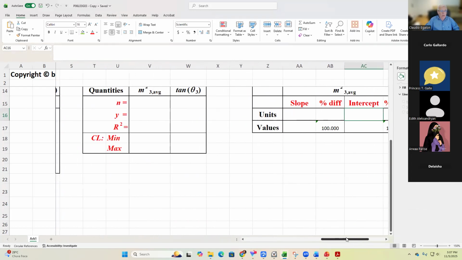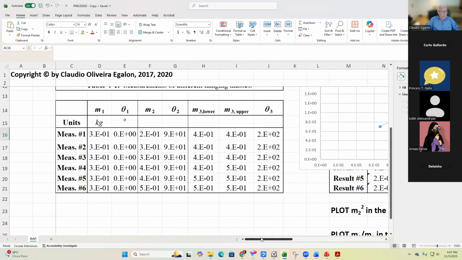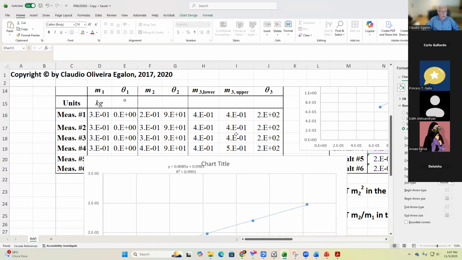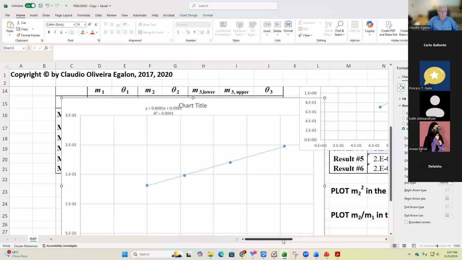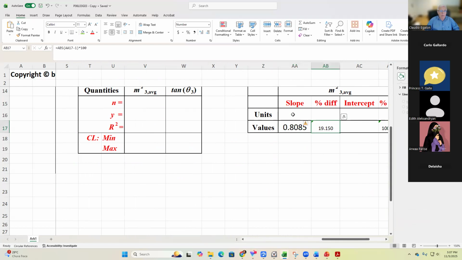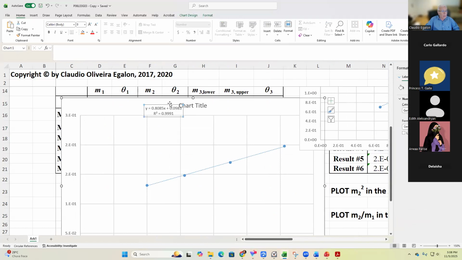Okay, so let's see, I'm going to log my slope. The slope for the first chart is 0.8085. And then I have to put the unit here. I'm getting, like I said, 19% difference, right? But there's nothing much I can do about it. But then you have to log the intercept as well. Look at your equation.